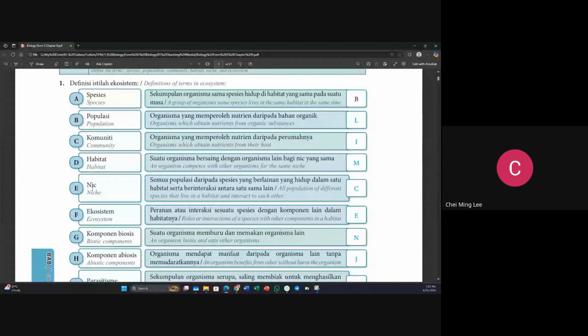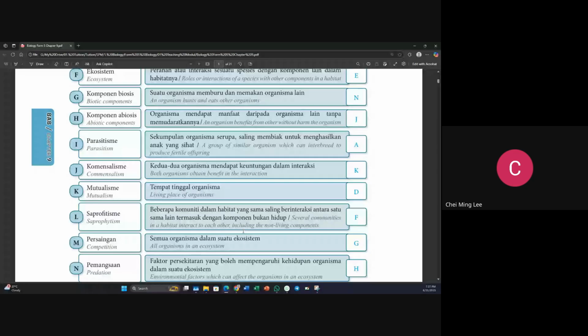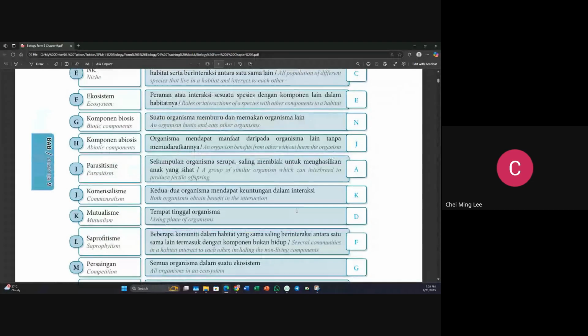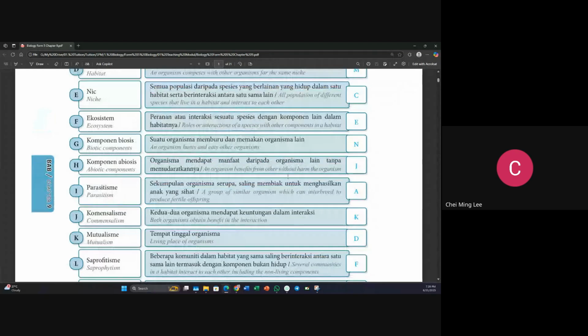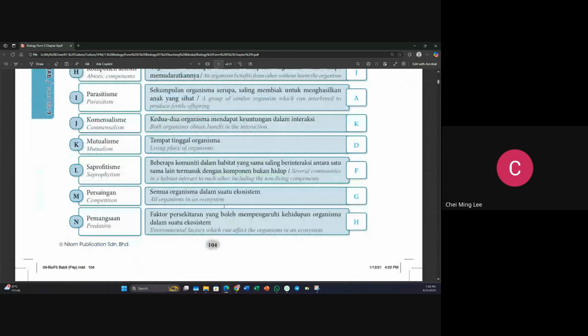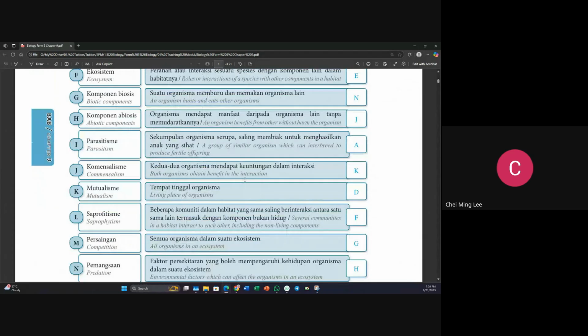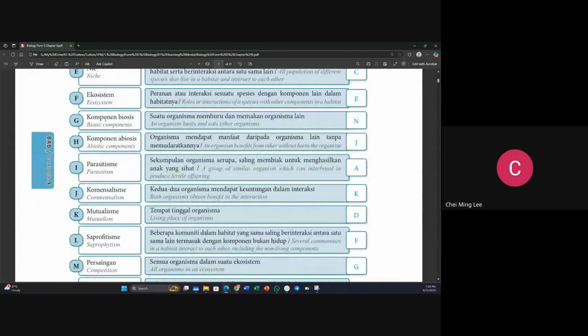Ecosystem is the several communities in a habitat interacting with each other, including the non-living components. Biotic component is all the organisms inside an ecosystem.